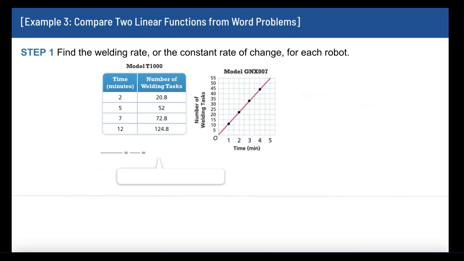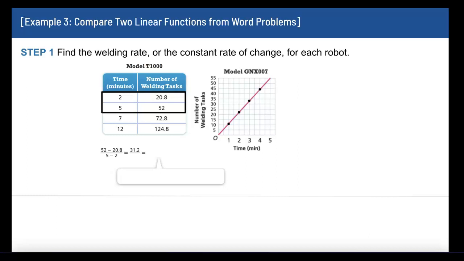To find the welding rate for each robot, we want to first look at the table. In the table, we see our outputs or our y values, the number of welding tasks, and our input or our x values in time. We know that we can use our slope formula to find the rate, and so we just select 2 points on our table, and we will subtract the outputs or the y values, 52 minus 20.8 over 5 minus 2.